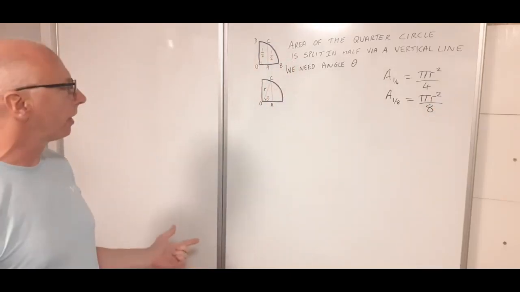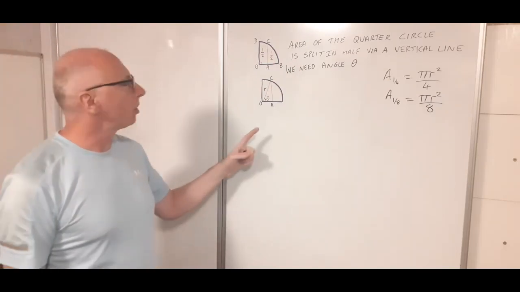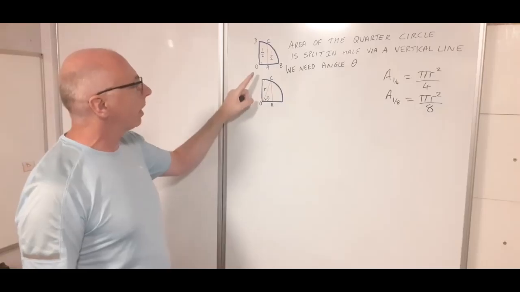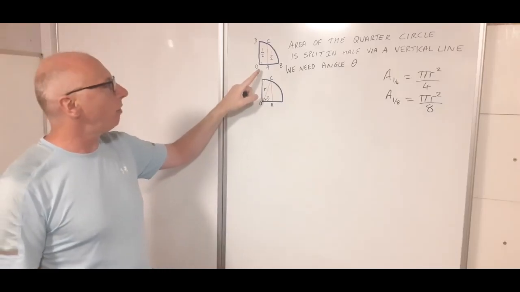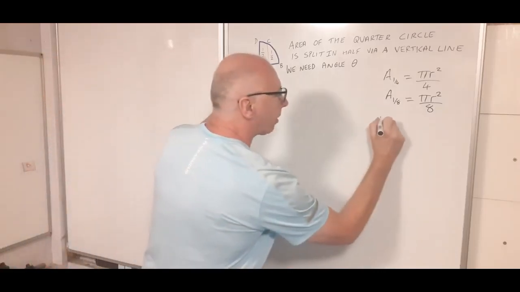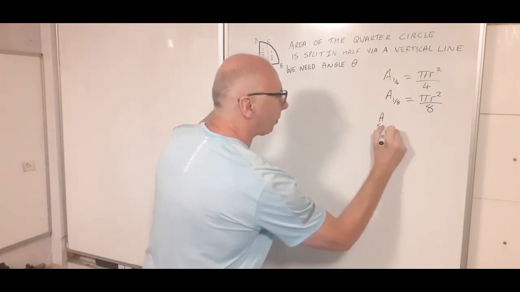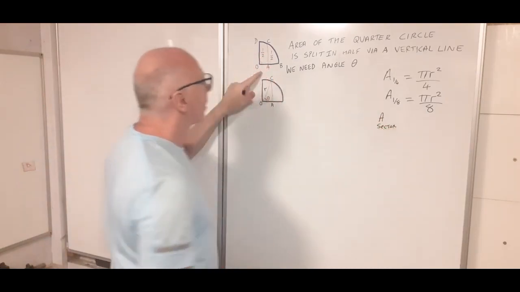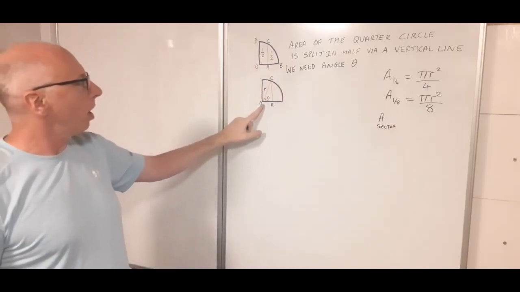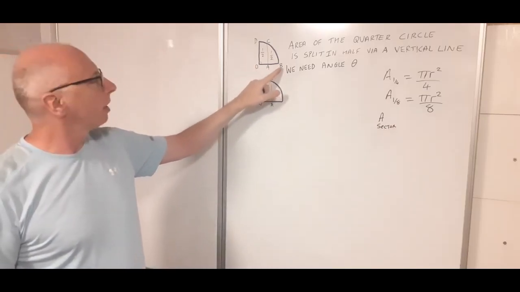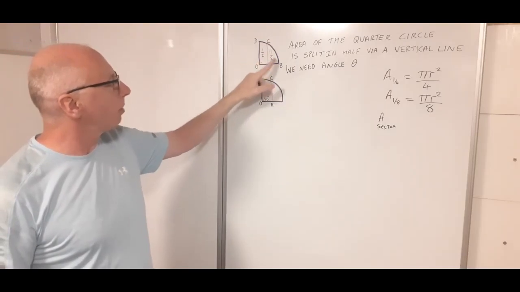Now the next thing I could do is find the area of the sector. So area of the sector, I'll call it OCB.